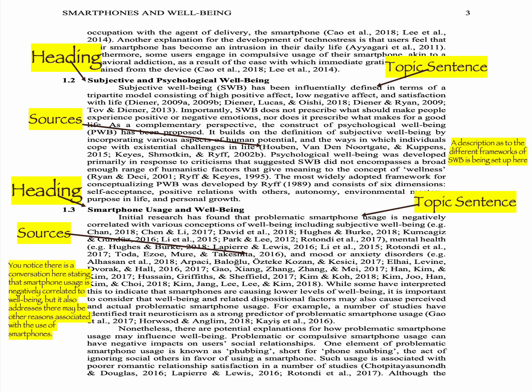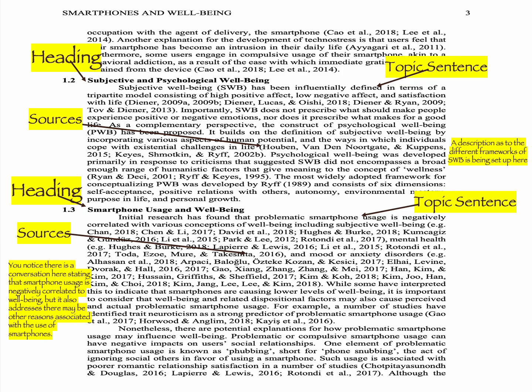And then, so there's that. And then also that psychological well-being was developed in response to criticism that suggested subjective well-being did not encompass a broad enough range of humanistic factors that give meaning to the concept of wellness.